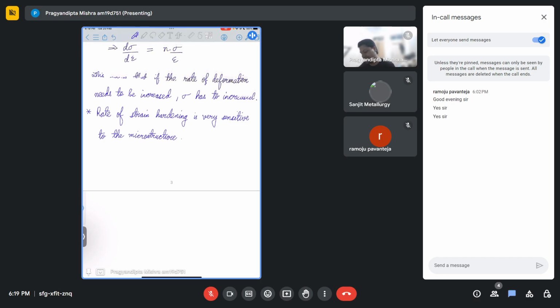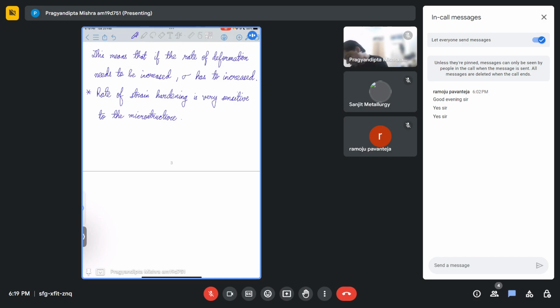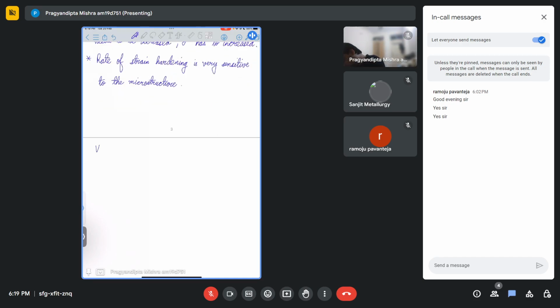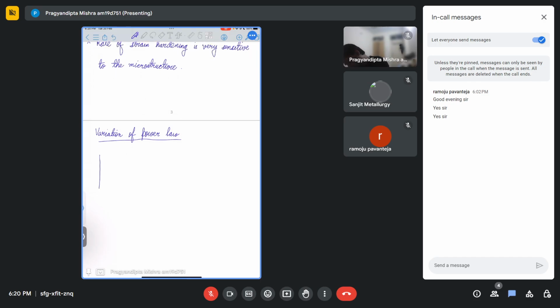Okay, so the next thing that we need to talk about is probably some examples of power law. Let's say I want to talk about how we can represent this power law for different material systems. There are a few specific cases that we have to look at. So let me draw the stress strain.